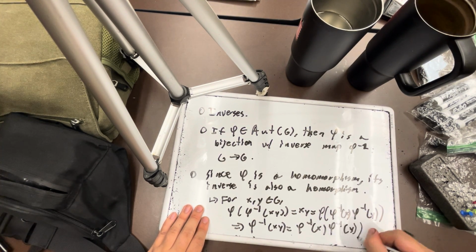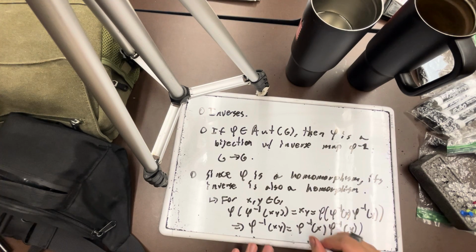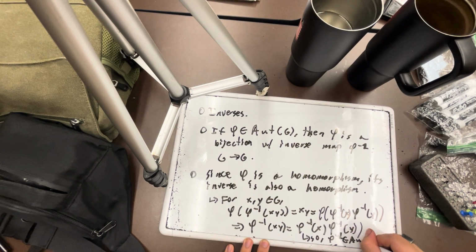So the inverse of phi is contained within Aut(G).